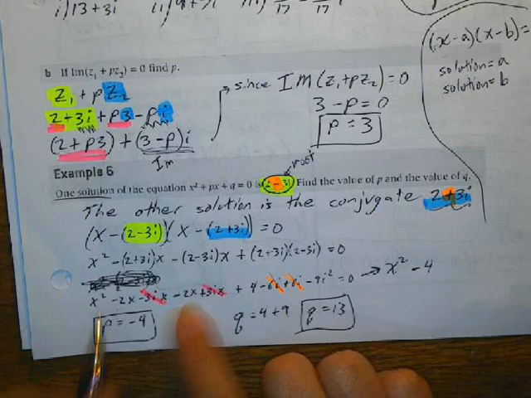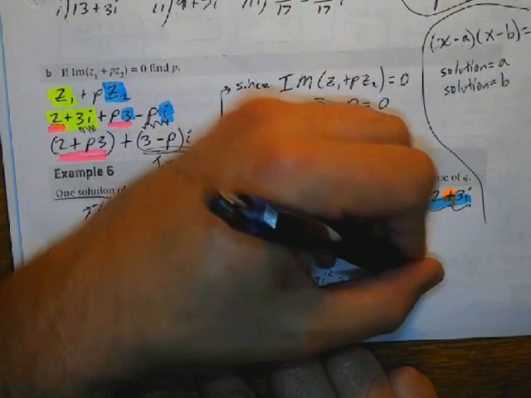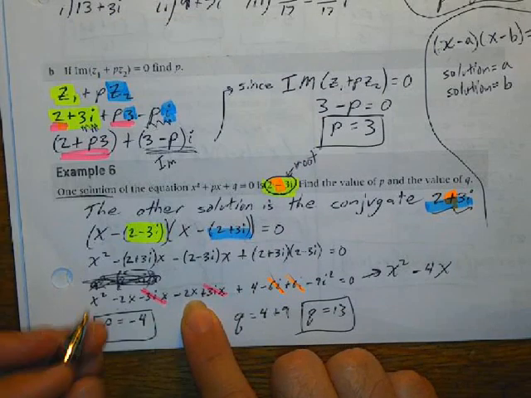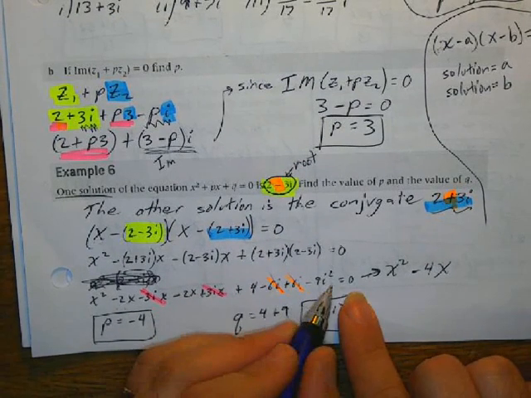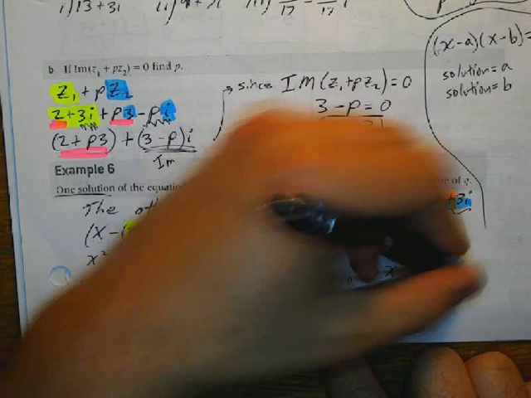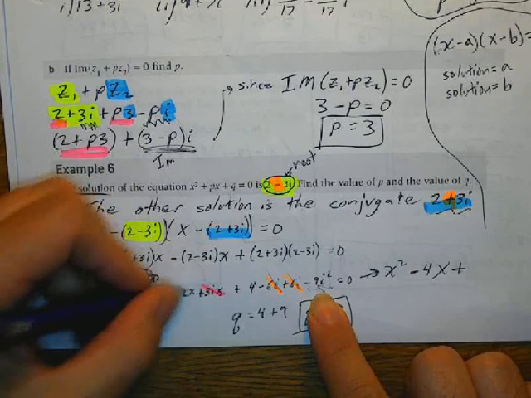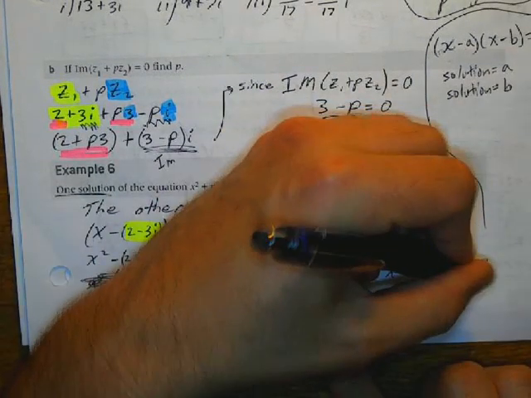2x, and minus 2x is going to give me minus 4x, and then plus 4, and this here is going to give me plus 9, which is going to give me 13 equals 0.